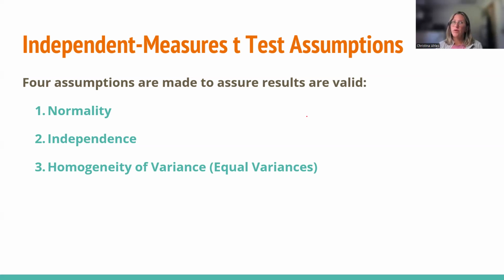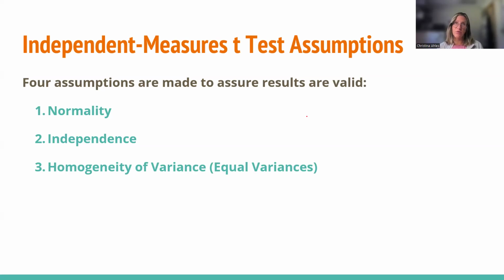If you remember, normality means either you're sampling 30 or more participants, to make sure the sample size is large enough, or we know that the populations the samples are taken from are normal. So there are two ways you can meet normality.